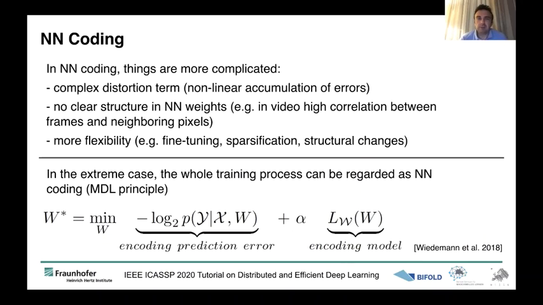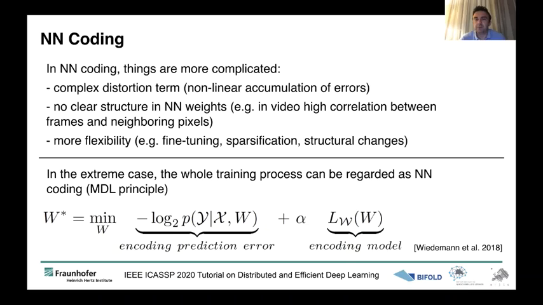So in neural network coding, things are a bit more complicated because the distortion term is more complex, because the error may accumulate over the layers in a nonlinear fashion. So if you quantize a weight parameter in the first layer, you may get a much stronger effect in the output. Also, in your network, there is no clear structure in the weight matrices.